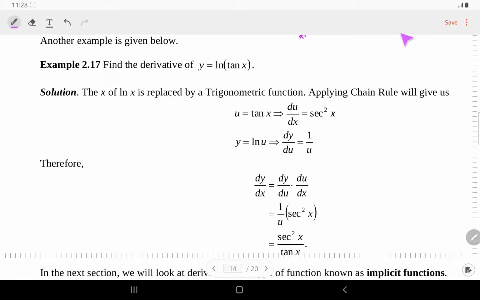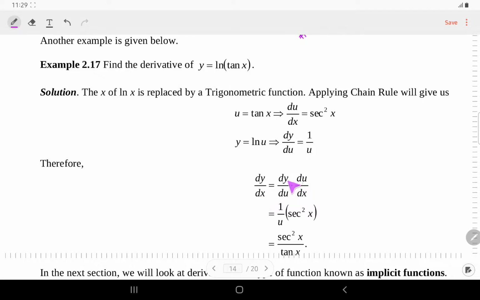Then we multiply these two derivatives. dy over du multiplied with du over dx. Make sure when we simplify this, we cancel out du and get dy over dx.